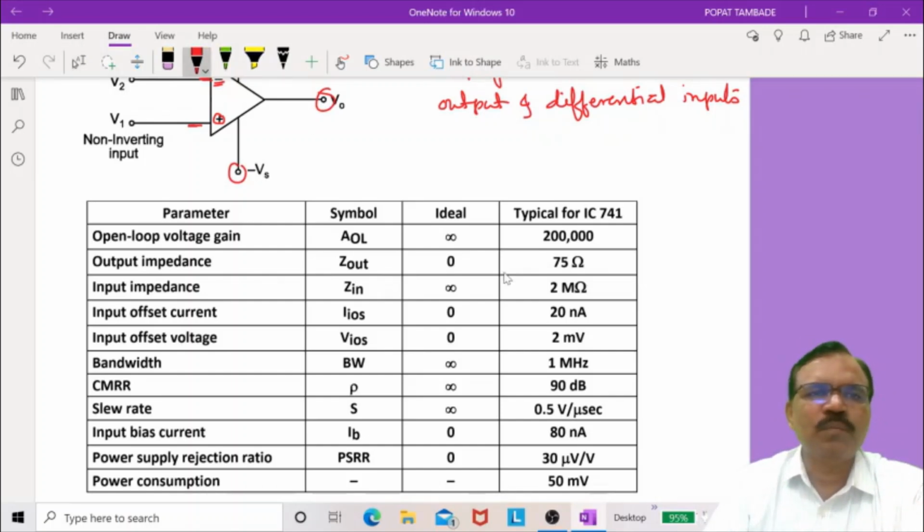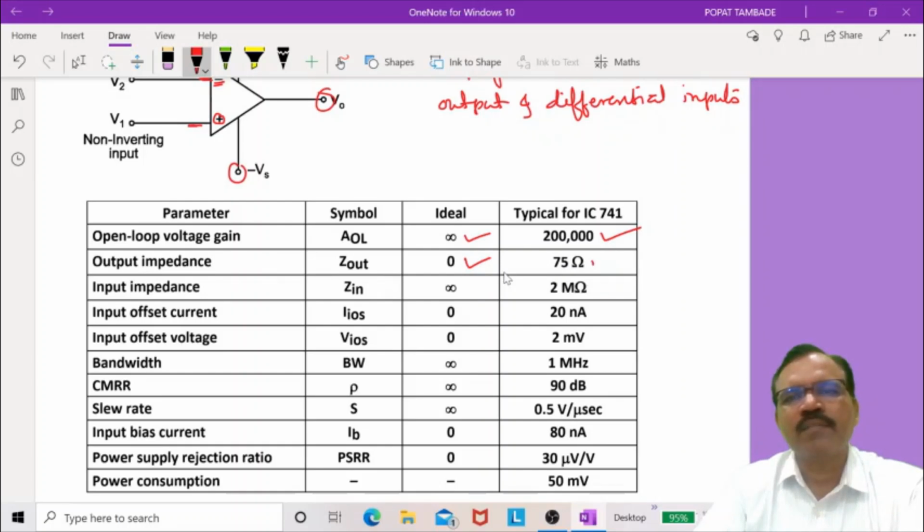Now open loop gain. Open loop voltage gain means output voltage divided by input voltage when there is no feedback. For an ideal operational amplifier it will be infinite, and for a practical operational amplifier it will be very high. Output impedance is 0 for ideal and some low value for practical.